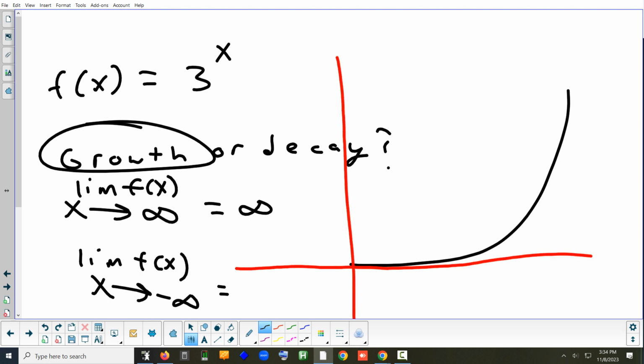This just keeps going like that. As you head to the left, what does the y value approach? 0. Yep, 0. Okay, so that's describing the behavior as you head on each end. There'll be a couple questions like that. Questions on that one?